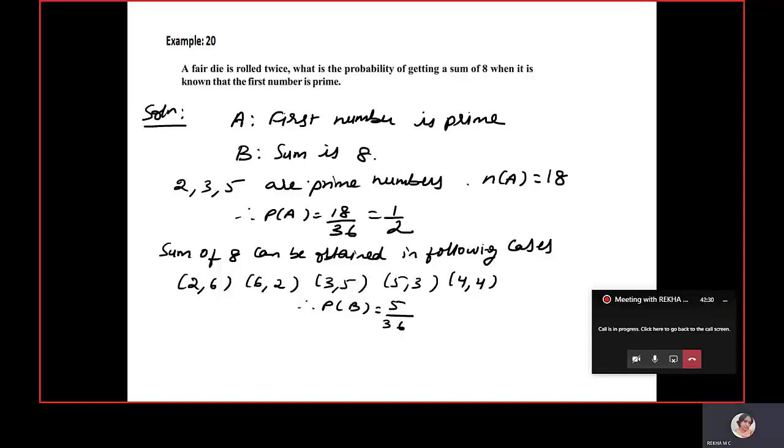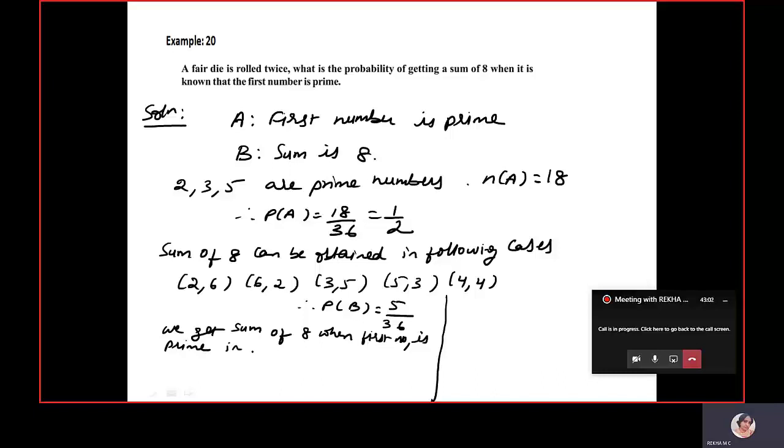And we get a sum of 8 when the first number is prime in the following cases.